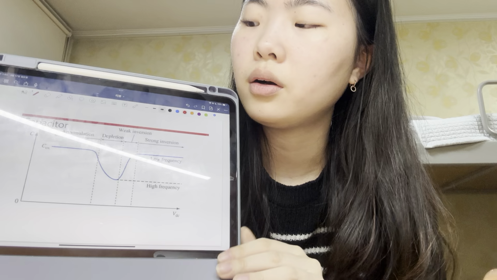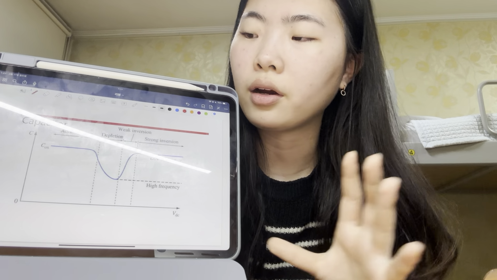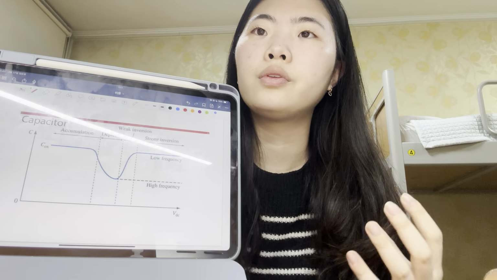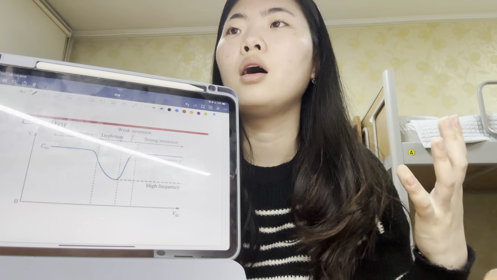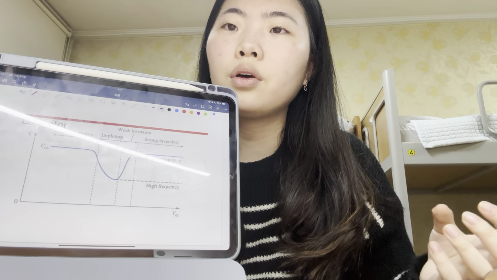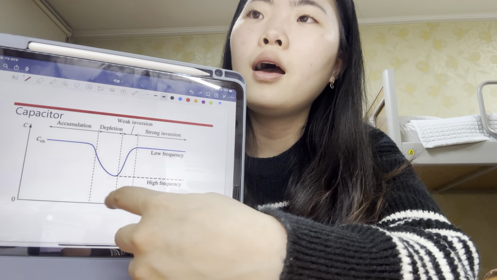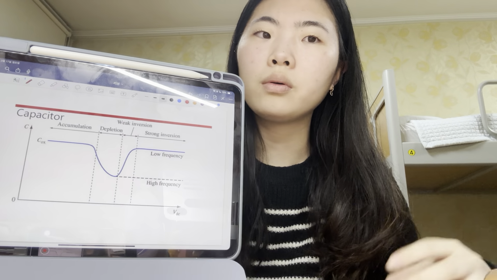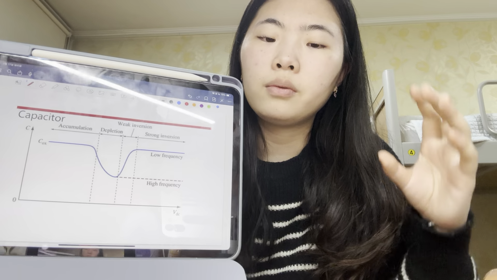Many carriers accumulate there, and then they lose their own characteristic because of the carriers. So we call it the depletion region. And after the depletion region, more and more carriers accumulate at the boundary.